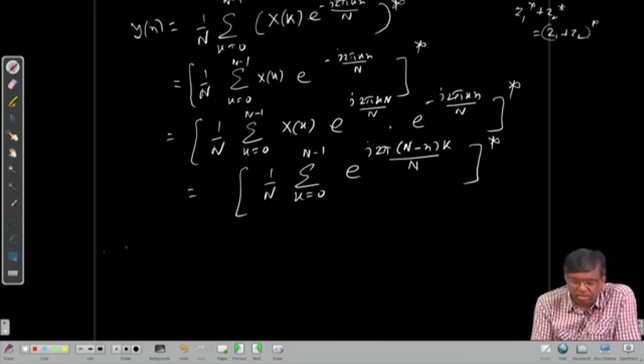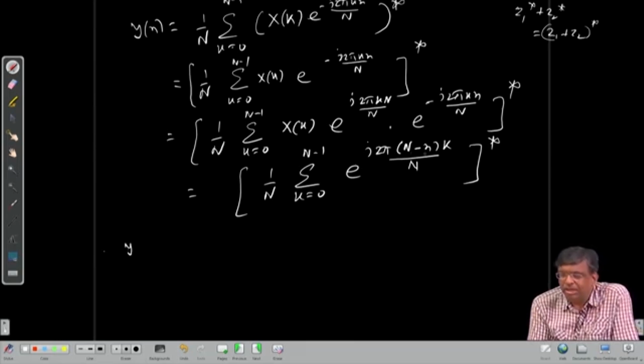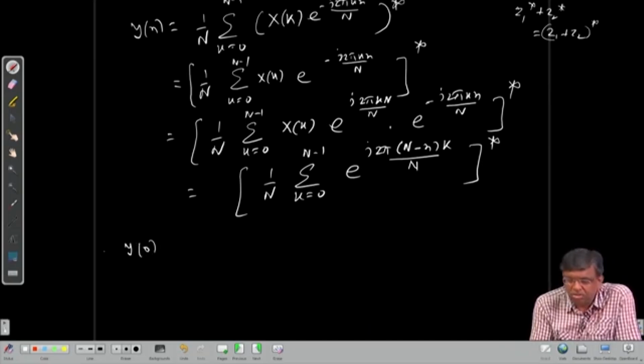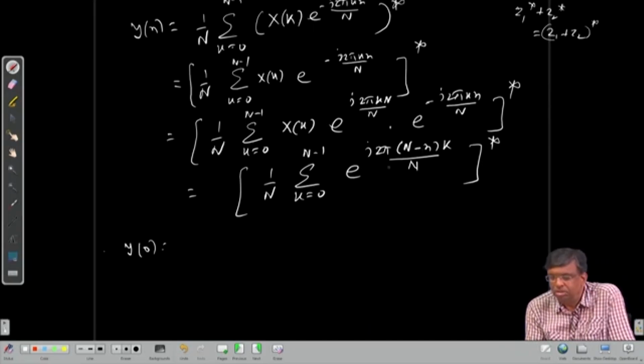First put n equal to 0, take the n equal to 0 case, y 0. If you put n equal to 0, it is e to the power j 2 pi N into k by N, N cancels, e to the power j 2 pi k is 1, and small n is 0. So this entire factor is 1, and this is X k, missing here.